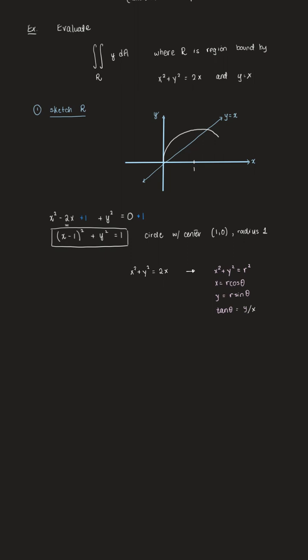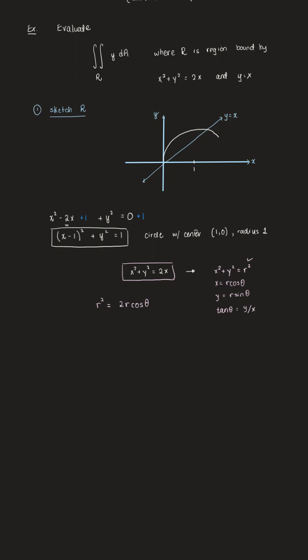And so in order to rewrite this equation using polar coordinates, I can see that the left side of the equation equals r squared. So we can write this as r squared equals 2 times x, and we know that x is r cosine theta. So I'm going to write 2 times r cosine theta. I'd really like to write my circle as r as a function of theta.